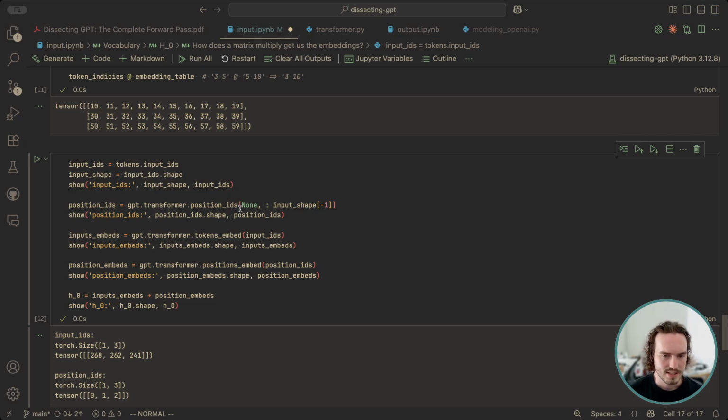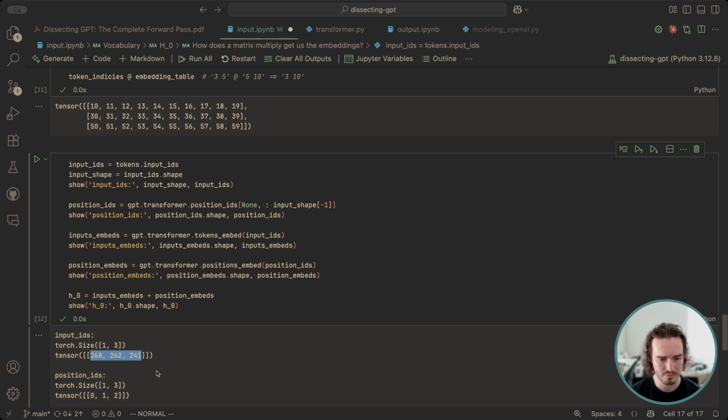But then there's this idea of position IDs as well. This is the same concept as what's happening in the token IDs, except rather than correlating to a piece of text, now we're correlating to a position in our context window.